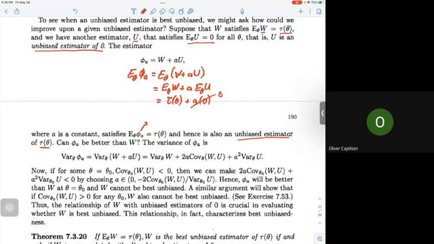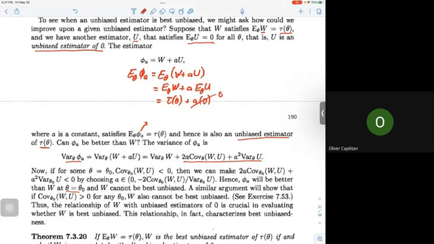Para this one will be a better estimate by choosing that one. Hence, phi of A will be better than W at theta equal to theta sub 0, because we choose. Pwede naman, no? And W cannot be best unbiased, kasi meron tayong unbiased estimator na mas maliit yung variance niya.